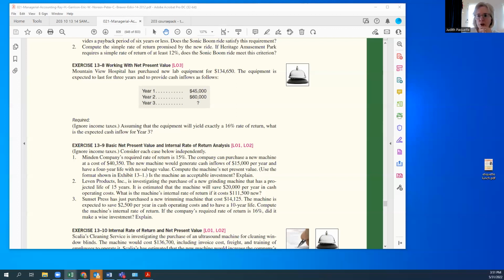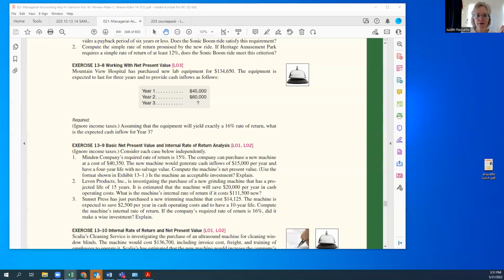Now, don't worry, Anusha, don't worry about IRR, but net present value, they're saying we want exactly a return of 16%. So the way present value works is we build in the hurdle rate to the problem. So if net present value is exactly 0, that means we got exactly our discount rate.